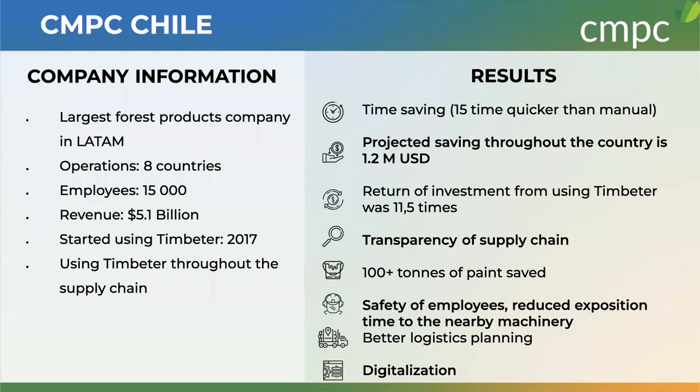And in total, they have saved 100+ tons of paint, which is more than 50% of their annual spray paint usage. Then they increased the safety of employees, reduced exposure to nearby machinery, are planning their logistics way better, and then of course the digitalization part and going paper-free.